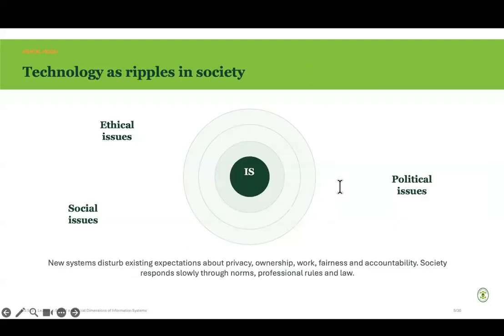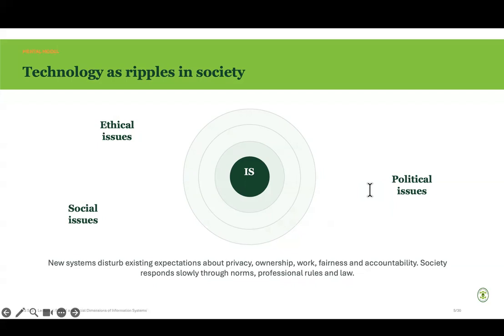Then to move on a little bit further, I want all of us to imagine dropping a stone in a pond of water. The first ripple is close to the stone, but the effects move forward and spread out. When information systems are introduced, it works in a similar manner. The first effect is usually technical. It changes how tasks are performed.